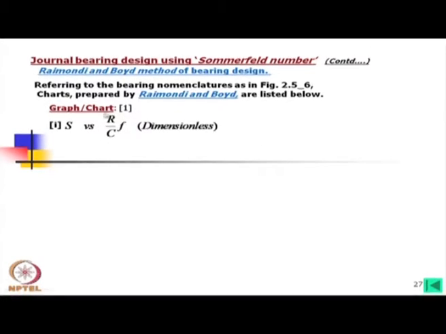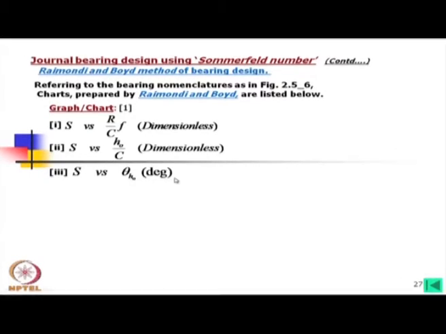So, you will get this chart from where we can calculate F, because R and C are known factors. S versus H0 by C, where H0 is the gap at the zero position, that means directly in the direction of load. Then we will also find S versus theta H0, that means the angle of H0. H0 is the minimum film thickness.